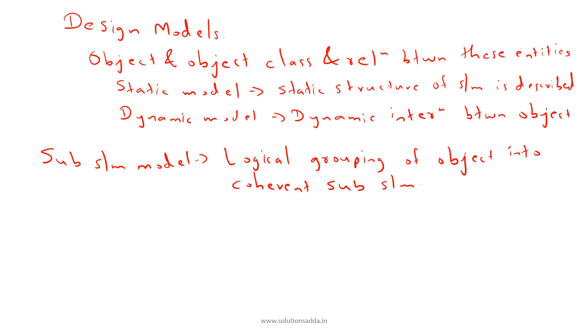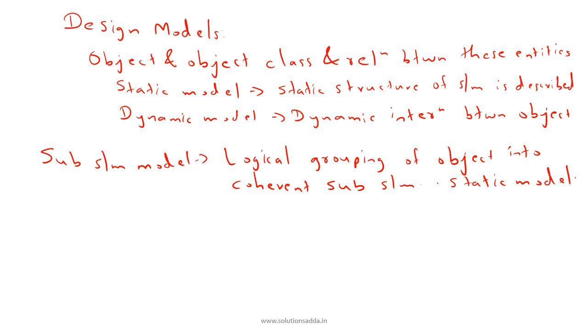These are represented using a form of class diagram with each subsystem shown as a package with enclosed sub-objects. Also, subsystem models are static models. So these are static models. So statement 1 is correct.